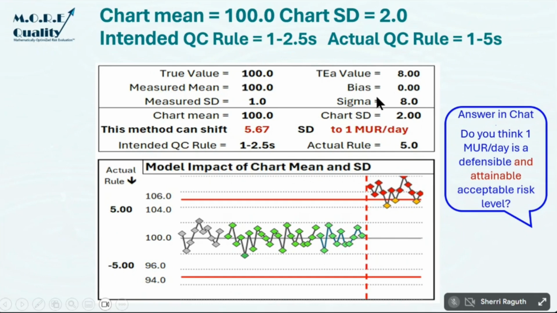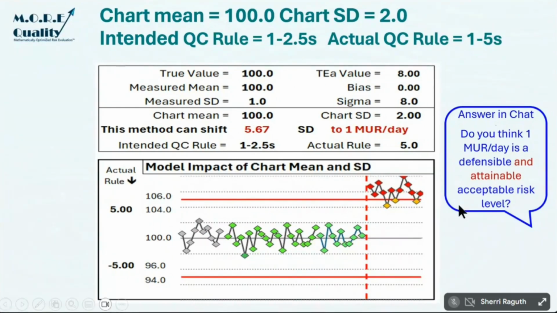But you've got to know, really, what is the margin for error? How many SDs can this method shift before risk becomes unacceptable? And then what CLSI says is, at the very least, you should evaluate the ability of your QC process to detect medically allowable error.